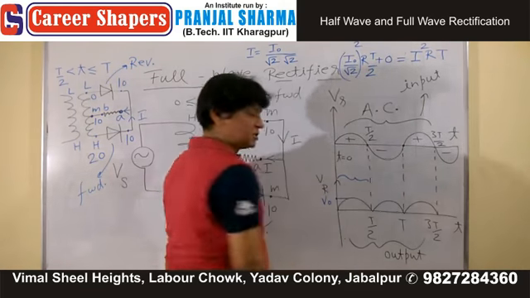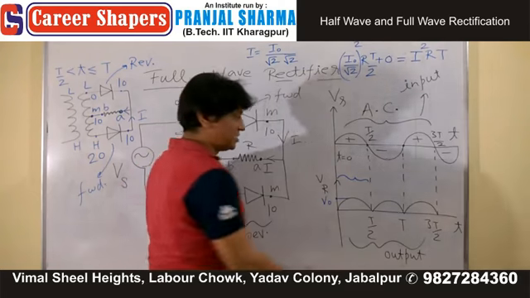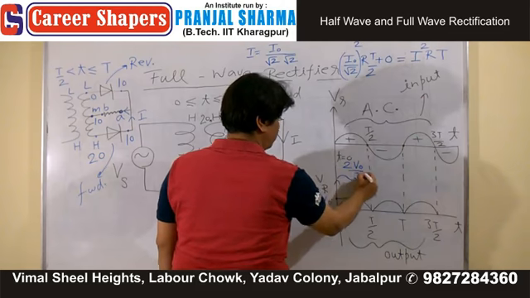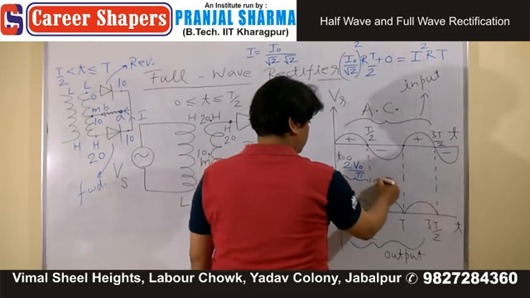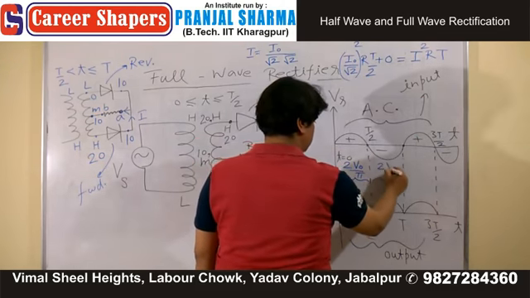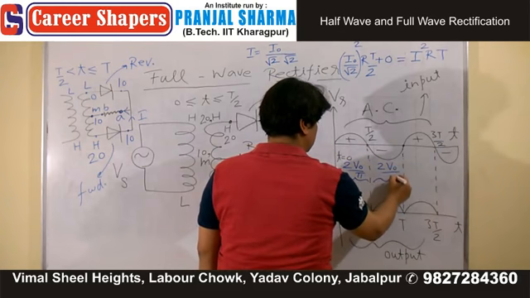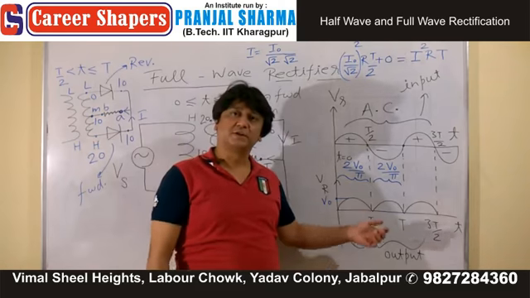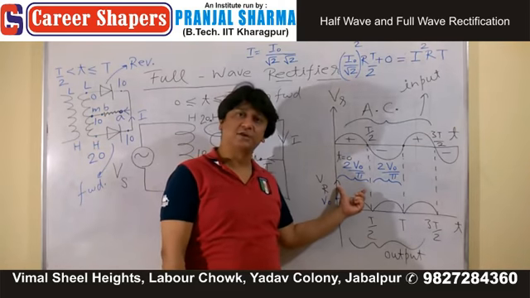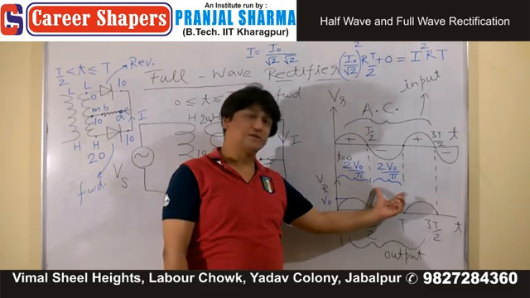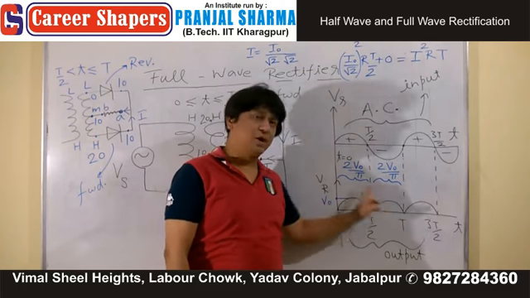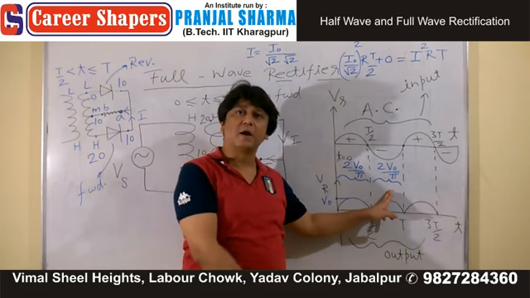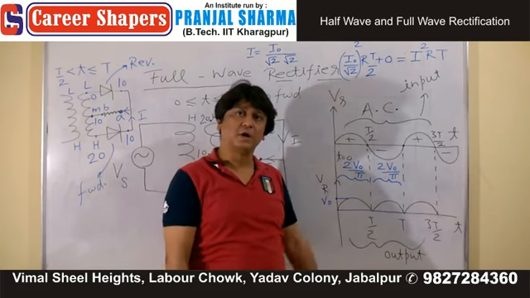From this place to this place, your average is 2V0 upon pi. From this place to this place, your average is 2V0 upon pi. If I say that average is 10, then what is the total average? 10 plus 10 divided by 2, which is also 10.